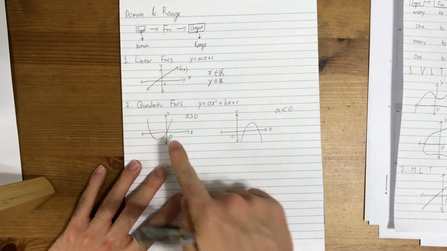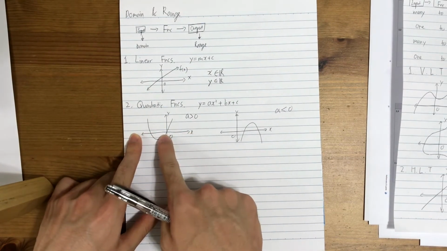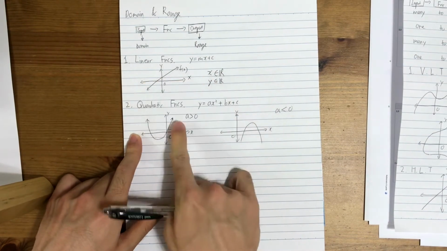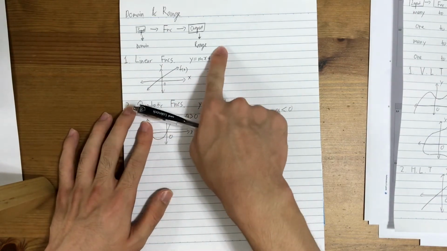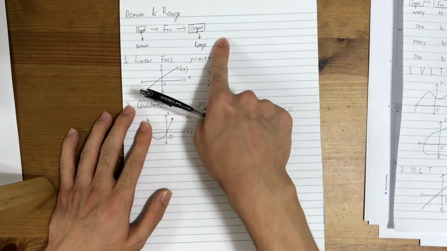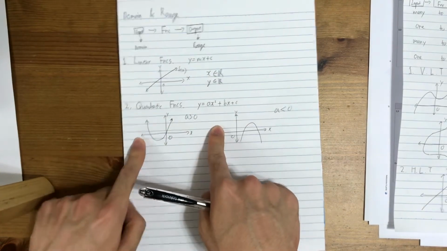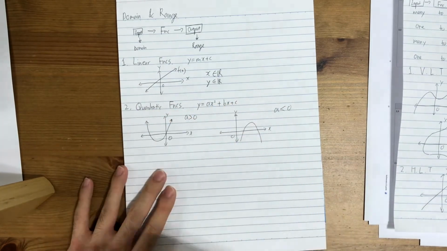So let's look for the domain. Is there any restriction from the graph? No, right? Because this graph keeps on going, so going in that direction, x can be anything on the positive side. Similarly, x can be anything on the negative side.